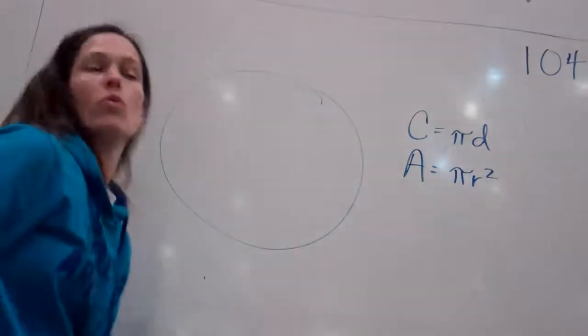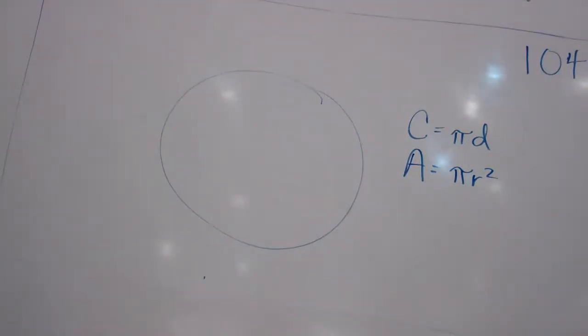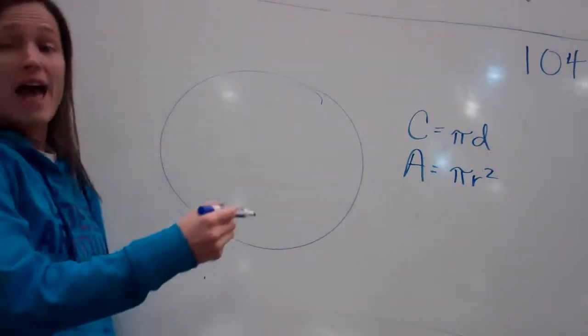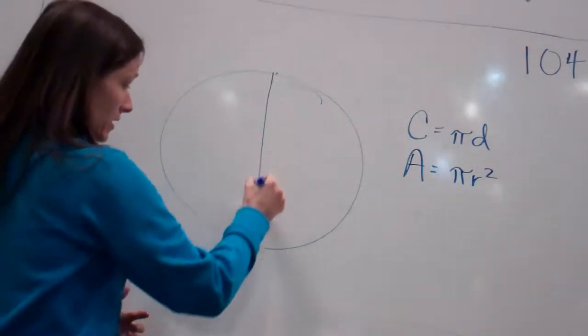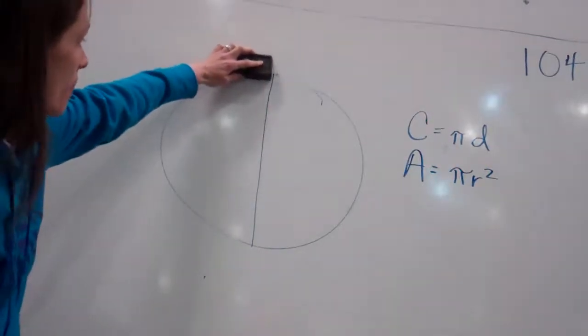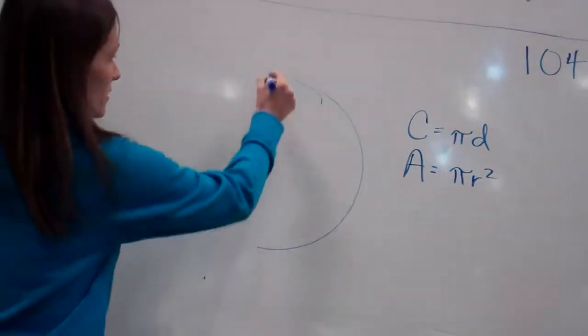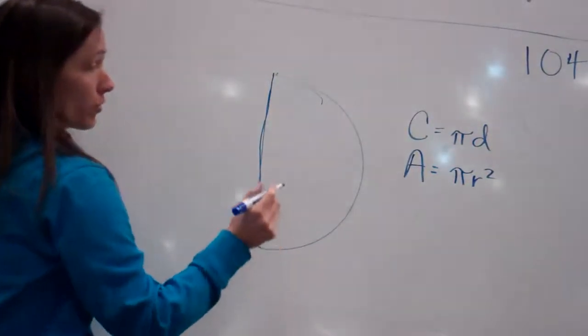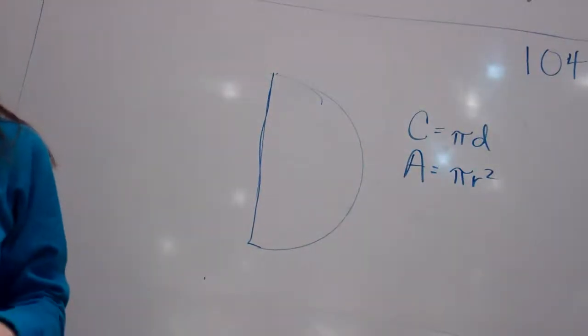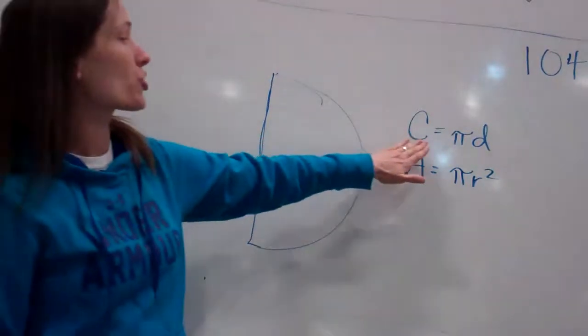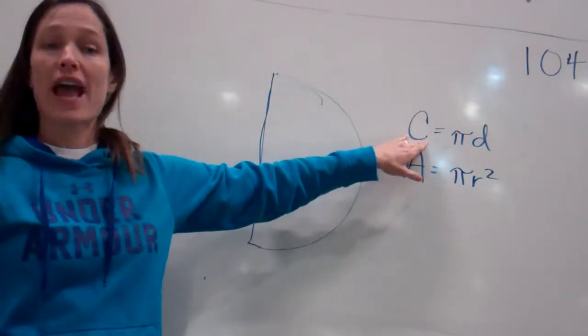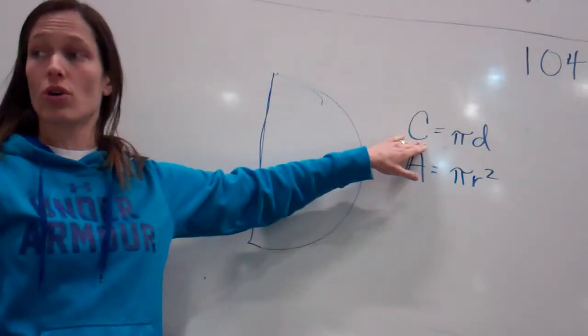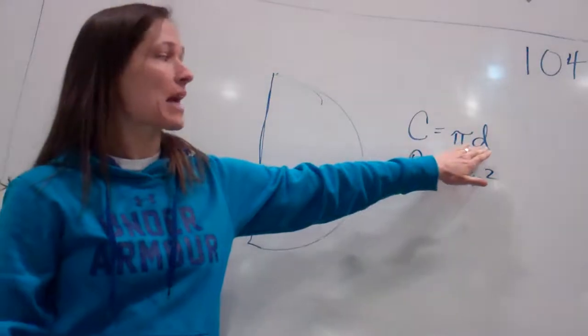Does anybody know what? The semicircle is half of a circle. So watch this. Boom. That is a semicircle. So, if we were finding the circumference of a semicircle, would we still do pi times diameter?